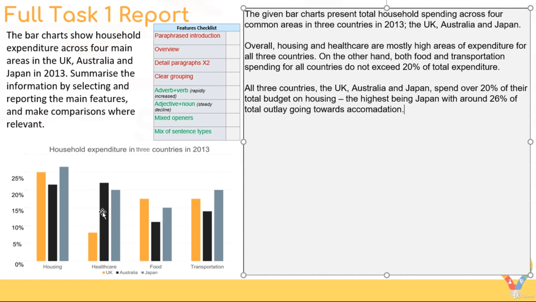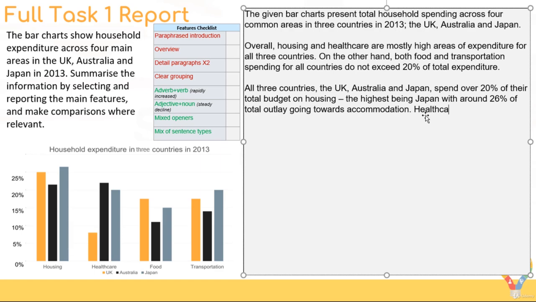Let's describe healthcare. And of course, check the spelling. Okay, so healthcare is quite interesting because Australia and Japan both spend quite a lot on healthcare, whereas in the UK it's definitely a lower figure, significantly lower, we might write. So we could say, on the other hand, healthcare, or how can we compare them?